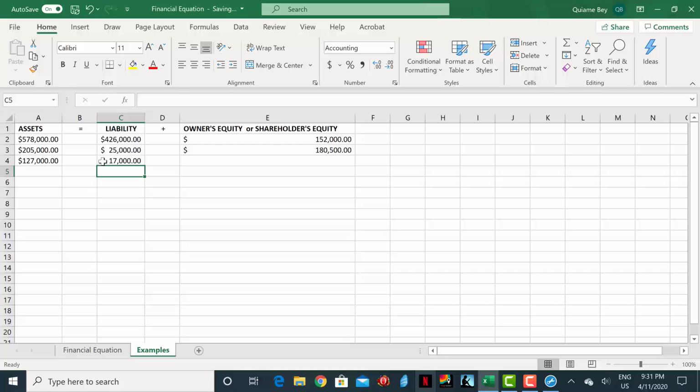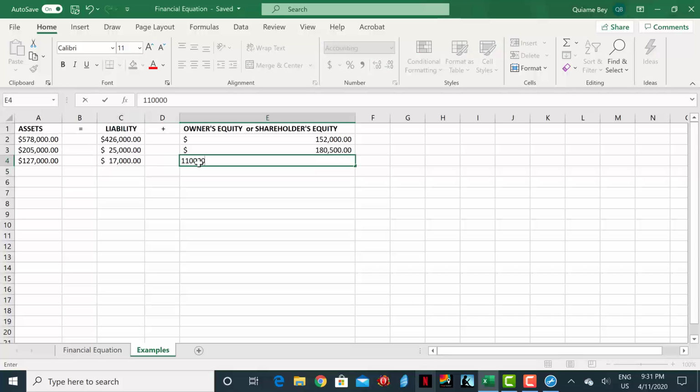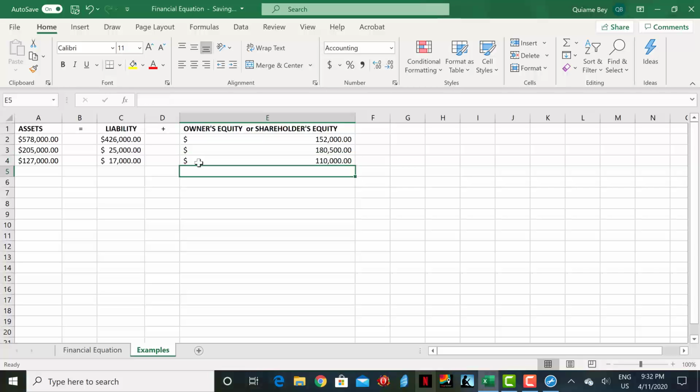To find the stockholders' equity, we will subtract total liability, which is $17,000, from total assets, which is $127,000. $127,000 minus $17,000 equals $110,000. Thus, the account is balanced because total assets is equal to total liability and stockholders' equity.